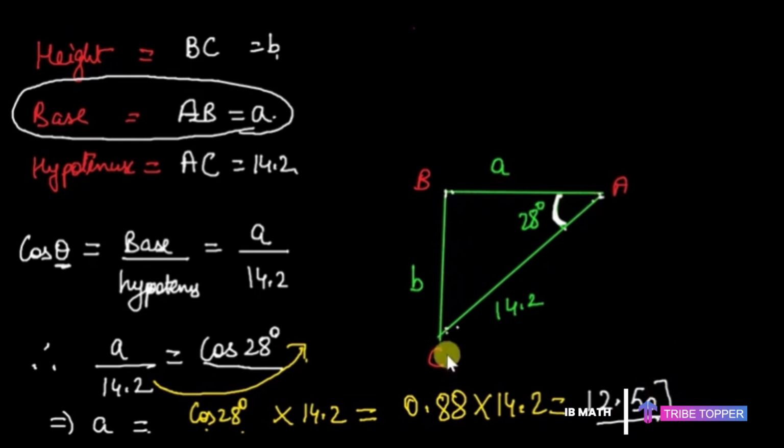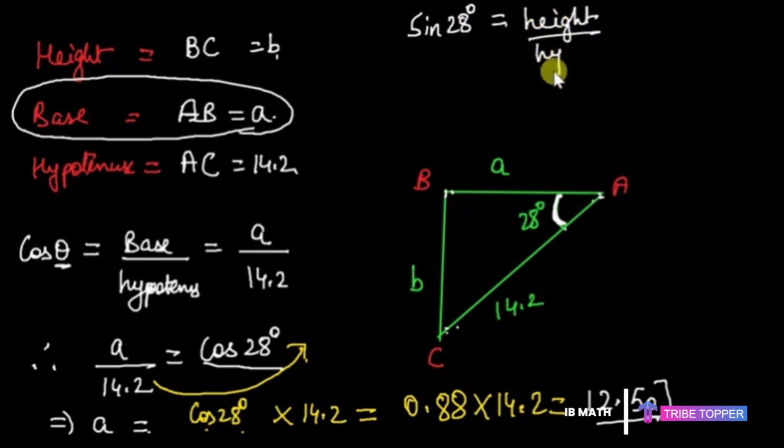Now I know A. So how am I going to find B? Because B is the height, and the formula that relates the height and the hypotenuse is sine of theta. So sine 28 degrees is equal to height over hypotenuse.